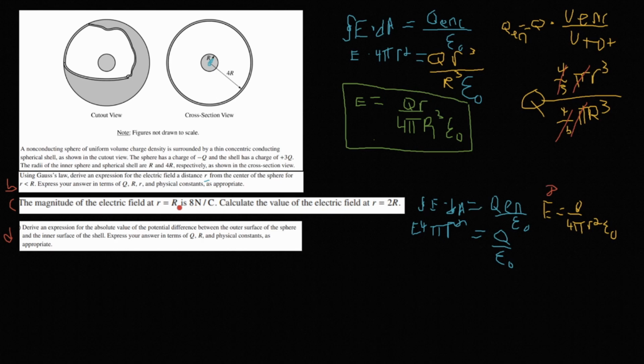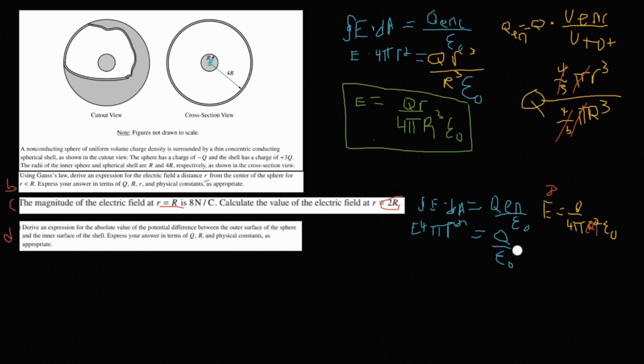So this little r squared, we're going to substitute big R here, right? So if this is r squared, and this is 8, when we double the r here, this is still going to be squared.